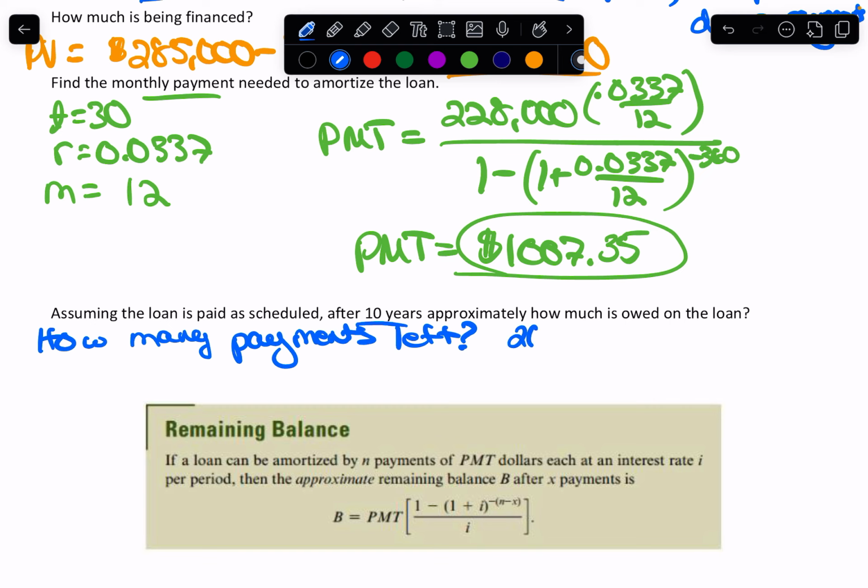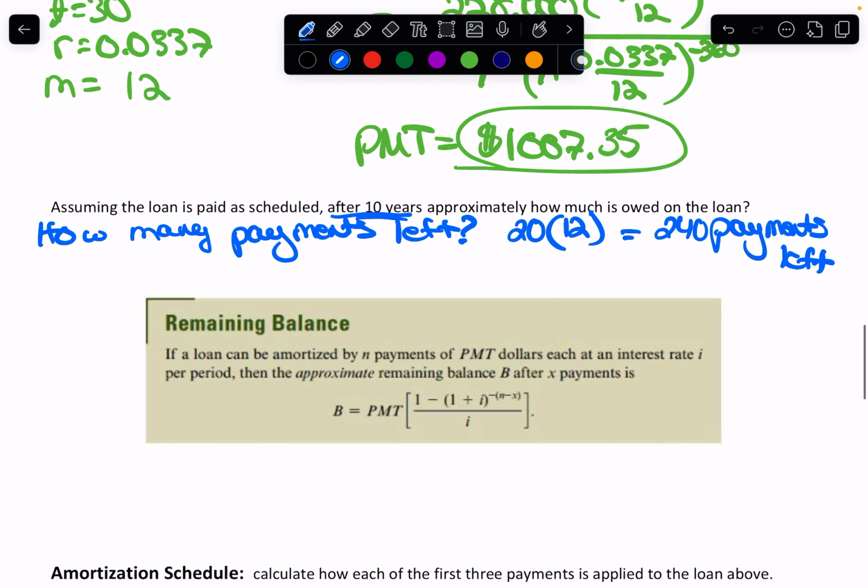So 20 years is left because this is after 10 years. 30 minus 10 is 20. That would be 240 payments left. So what we're going to do now is use the remaining balance formula.